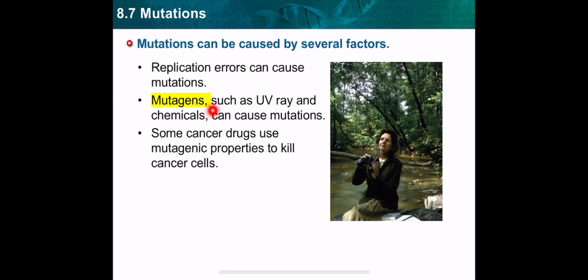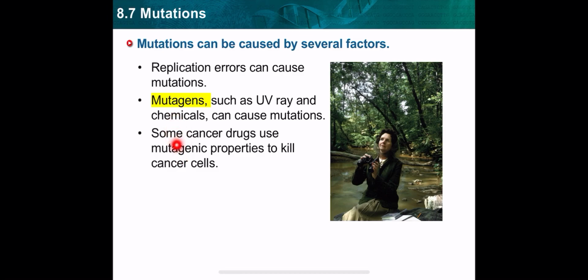Examples: ultraviolet rays. We always say that ultraviolet rays are not good for the skin because this will change the DNA of the skin, which might cause cancer. So mutations might occur by ultraviolet rays, X-rays, and harmful chemicals.